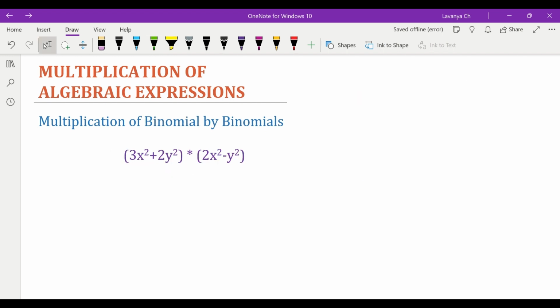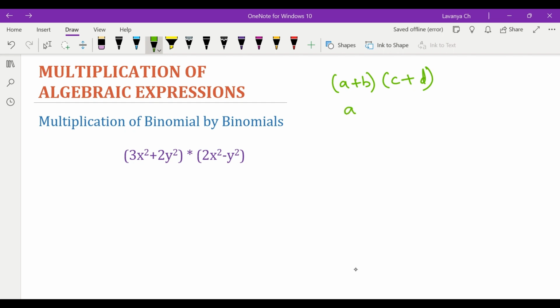Multiplication of binomial by binomials. Here, to do this, each and every term from a binomial has to be multiplied with each and every term of the other binomial. Like say we have a plus b as one binomial and c plus d is the second binomial.